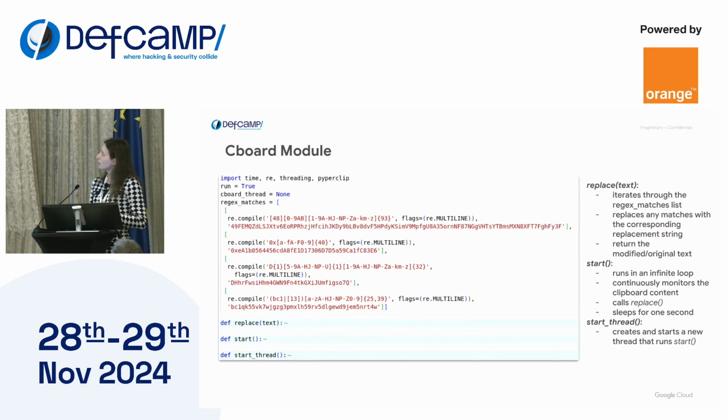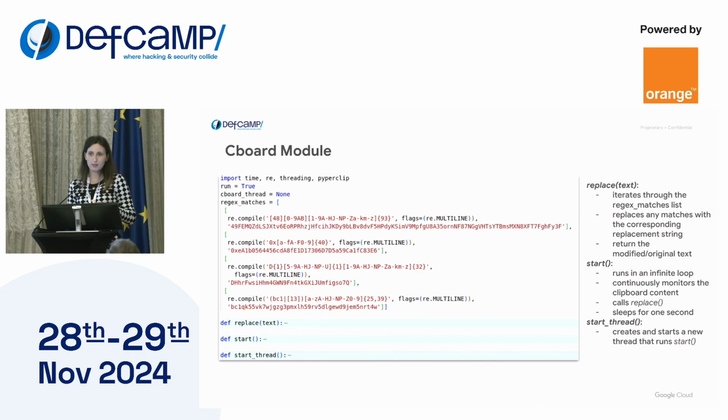This one will essentially run in a loop as the previous one, and try and monitor the clipboard content. And whenever new strings are detected in the clipboard, it will call the replace function, which will try to match the clipboard content with any of the patterns that you see in the regex matches list.